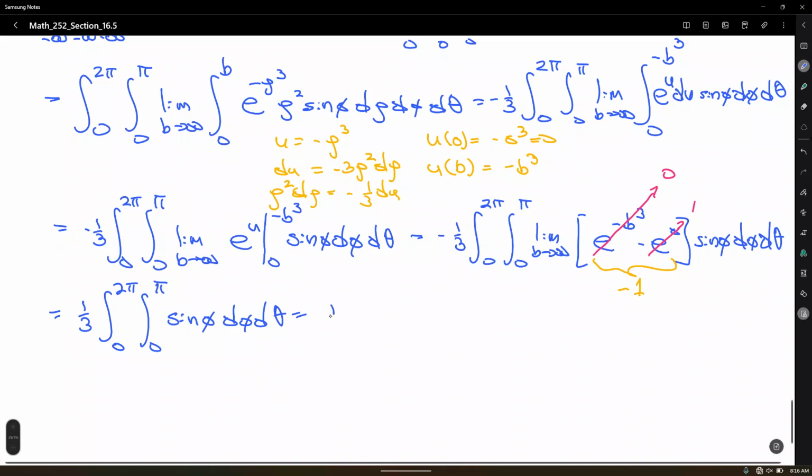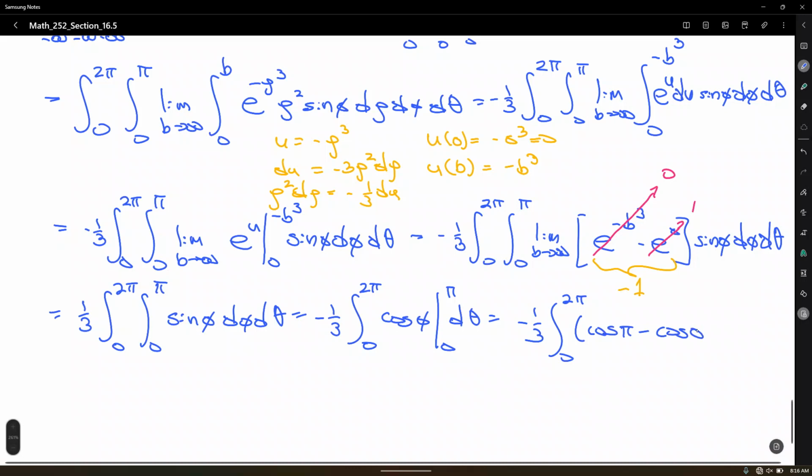So the integral of sine, again, that's negative cosine, evaluated from 0 to pi. Don't forget the d theta. And well, evaluating, that's a negative 1/3 integral from 0 to 2 pi of cosine pi minus cosine 0.